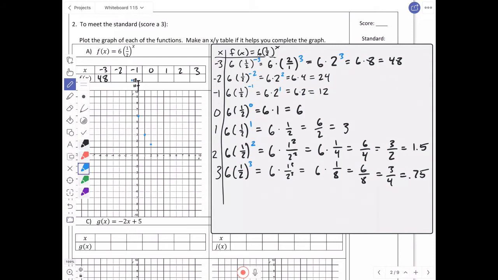So I can go over 3 and up 0.75. You can see each of these points gets half as tall as the one before and closer and closer to the x-axis. So there's my graph.